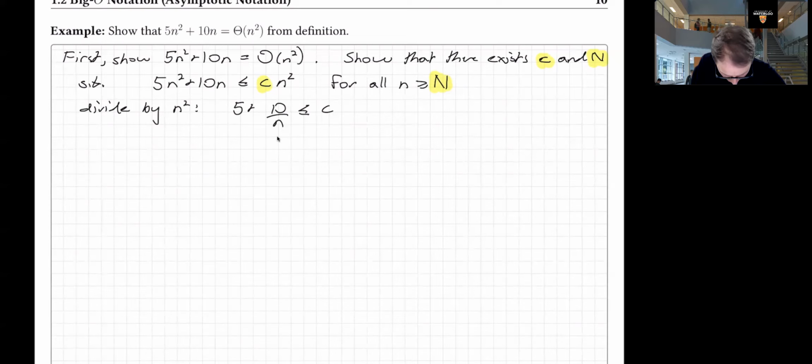How about I take capital N as 10. Then I know that any lowercase n I plug in has to be at least 10. So 10 over n is at most 1. That means I have 5 plus 1, that's 6. So as long as I make c at least as big as 6, this is satisfied. So c is 6.